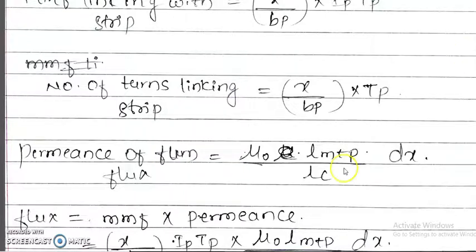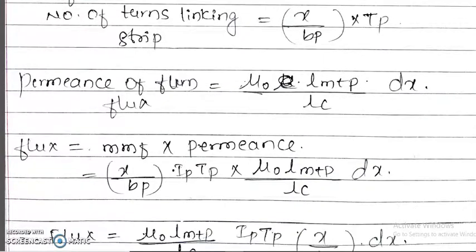In place of a, I am writing the area of the strip. The area of the strip is nothing but length into width. LMTP is the height, dx is the width. If you multiply these two, you will get the area, and the length is LC. So permeance is mu naught LMTP dx by LC.